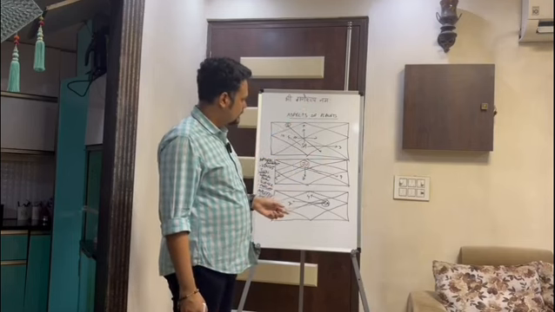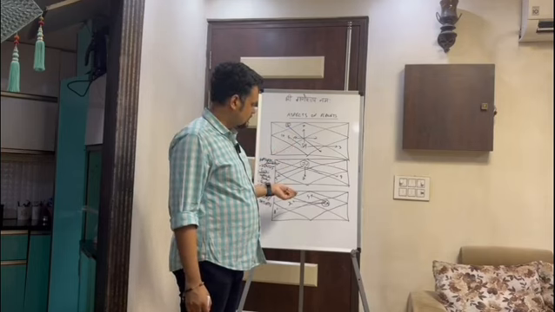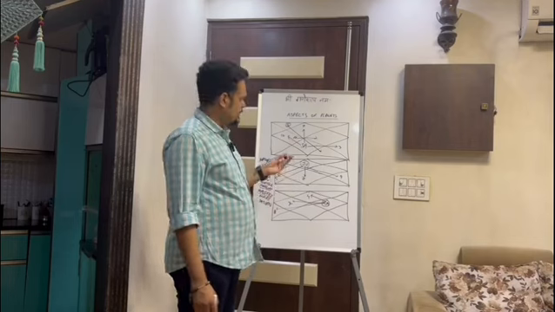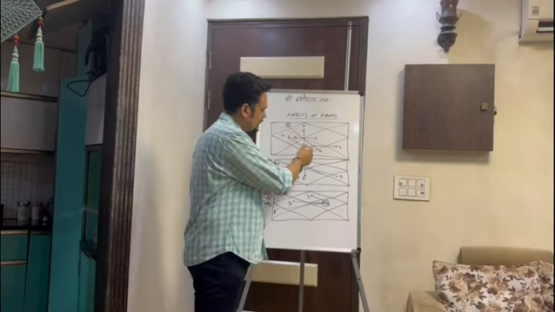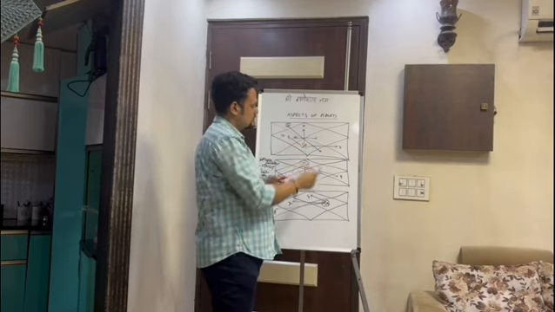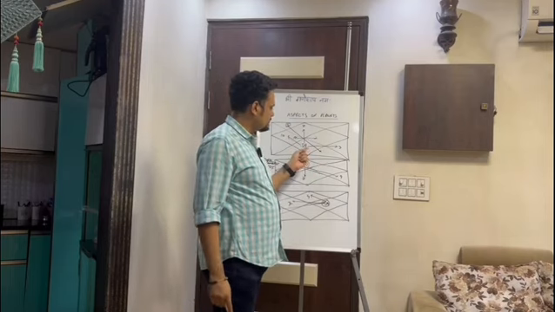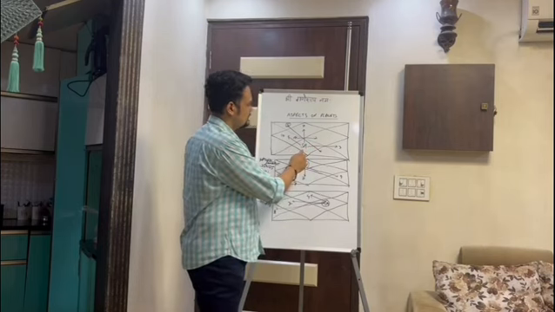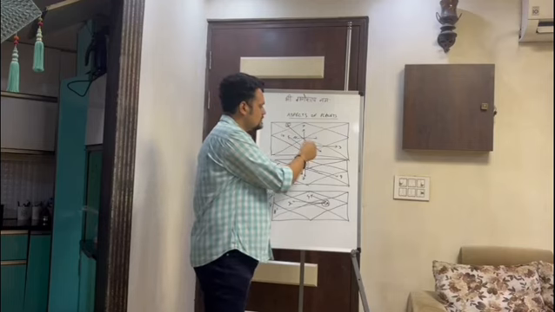I hope you are very clear about the different aspects of these planets, especially Mars, Jupiter and Saturn. For Saturn, I am also telling you that during transit, if Saturn transits to different houses, it takes around 2.5 years to cross each zodiac sign. If Saturn is placed in this house, it will take 2.5 years to cross this zodiac sign.